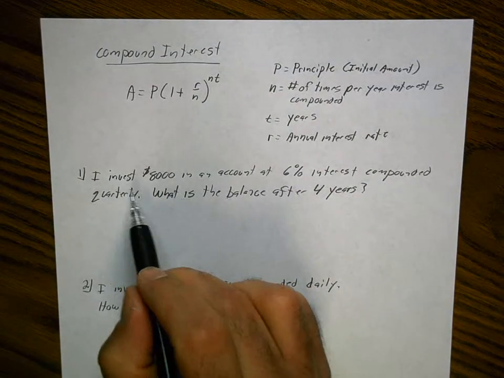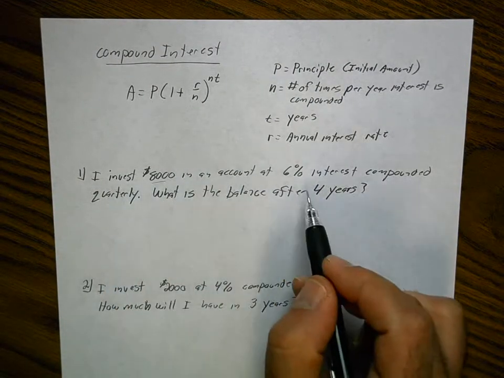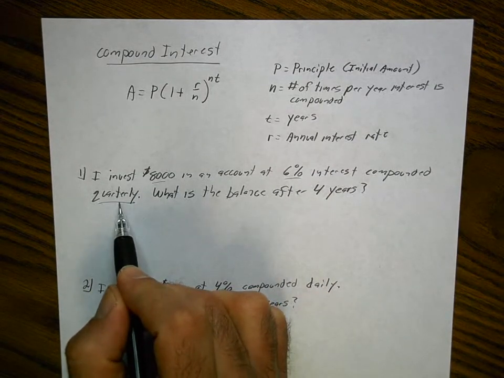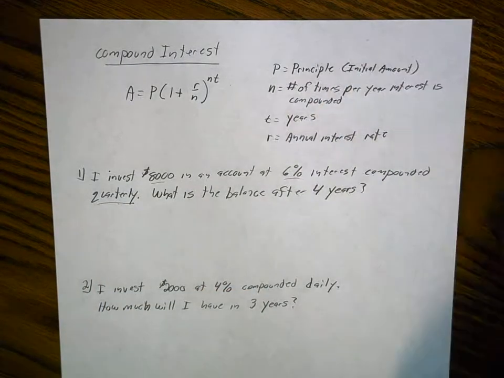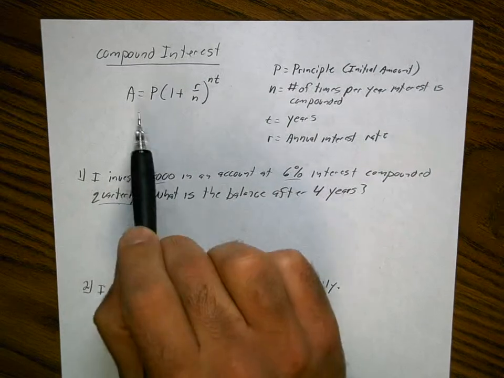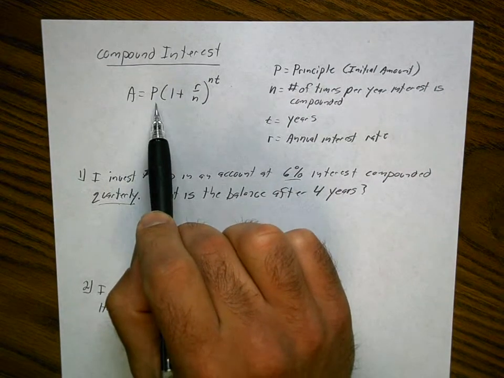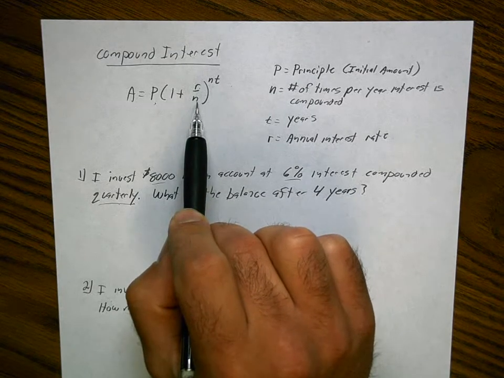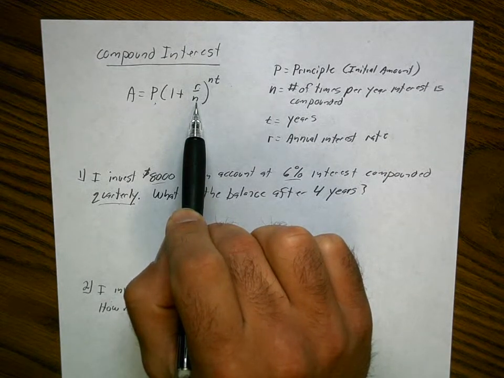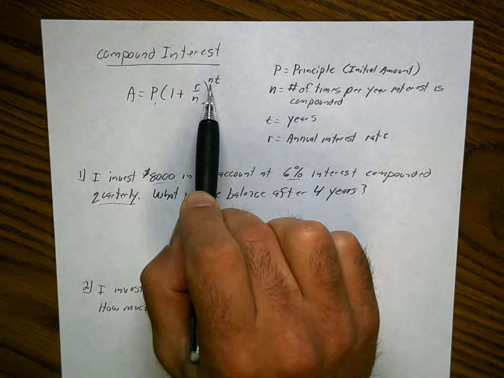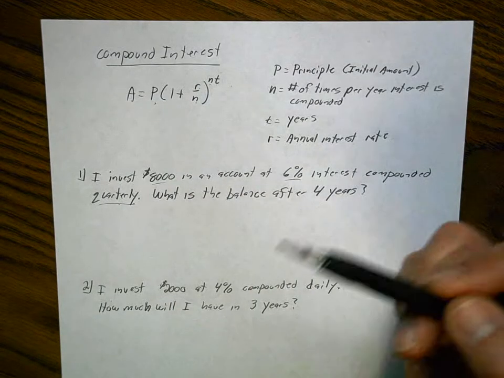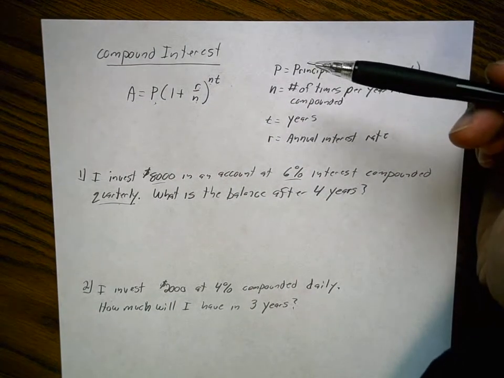Let's look at the first one. I invest $8,000 in an account at 6% compounded quarterly. Quarterly means 4 times a year. What's the balance after 4 years? Here's my equation. A is my future amount, P is my principal, which is the initial amount, R is my annual interest rate, N is the number of times per year it's compounded, and then there's N times T. The exponent needs to be how many times my interest is compounded over the number of years.